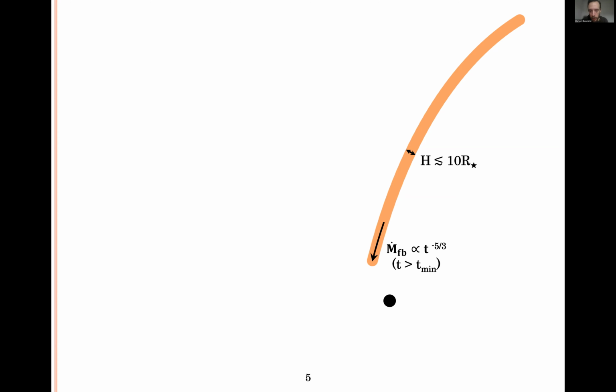The reason is essentially that if you resolve the star really well, dividing it into a very large number of grid cells or a large number of particles, as soon as the stream gets stretched by orders of magnitude, as is the case when the star gets disrupted, there's a drastic decrease in resolution, and therefore the resolution needed to follow the process later on is extremely large. So far this cannot be achieved with available computational capacity.